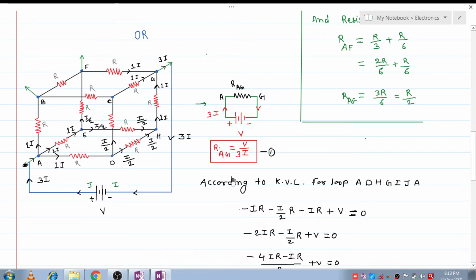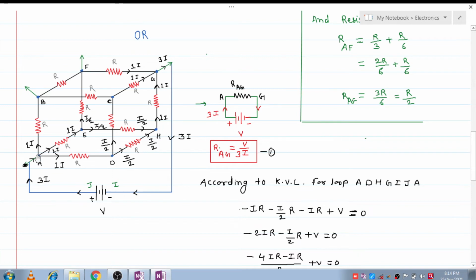So here what will happen? All these resistances, we have considered as the equivalent resistance AZ, and here we have connected the battery. Suppose 3I current is passing through this. So here what will happen?